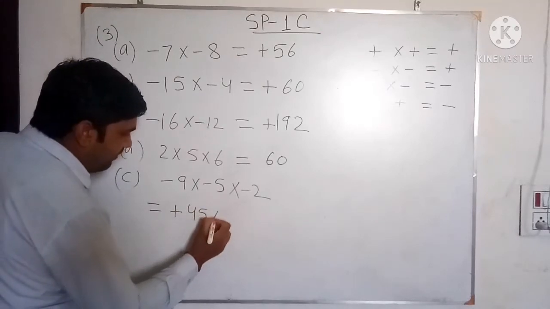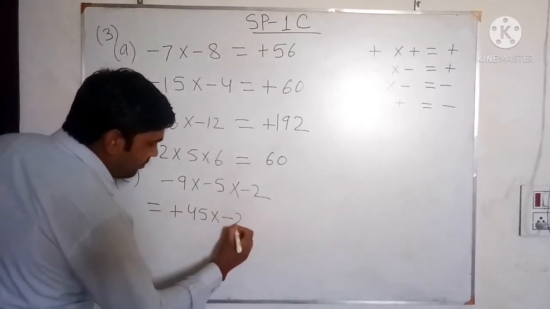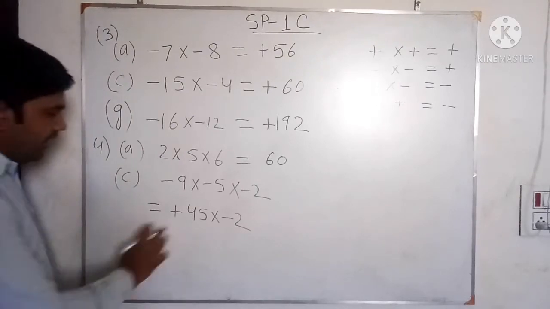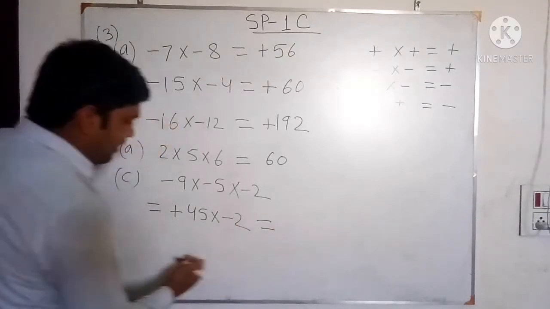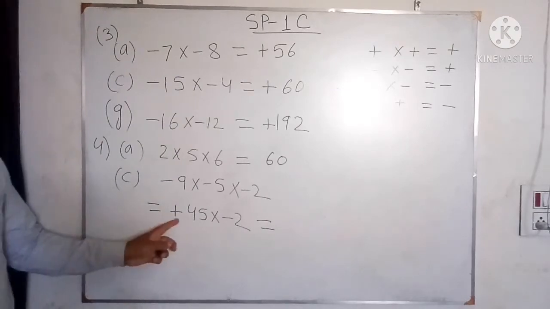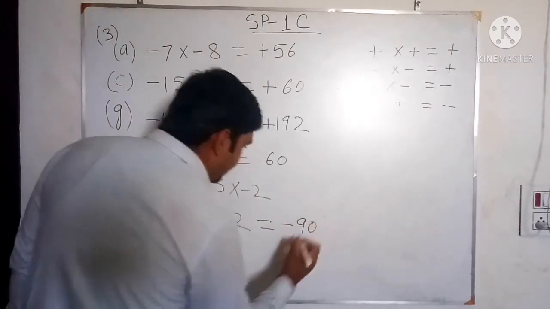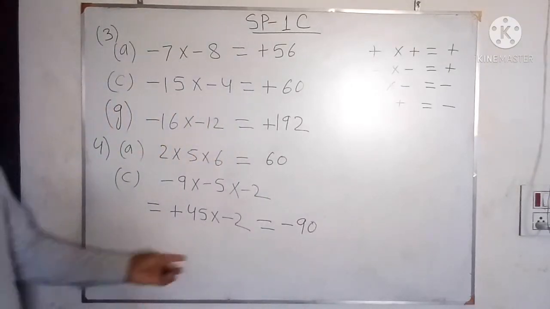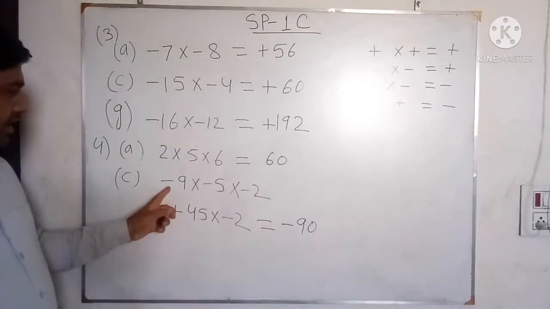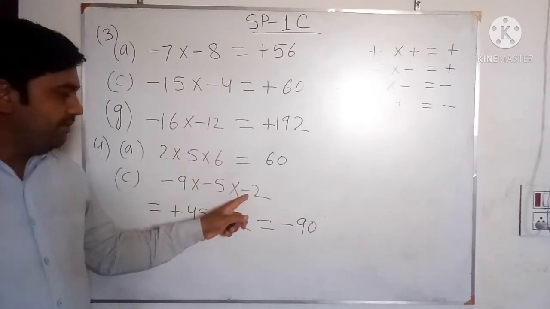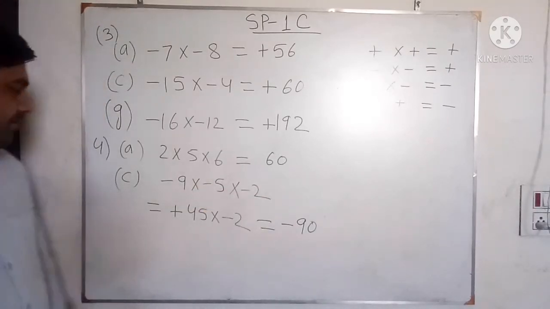So plus 45 multiply minus 2. Now again we multiply the sign of these two integers, plus minus minus, and 45 twos are 90. So the product we got here is minus 90. So this minus and minus will make plus. Now this plus and minus multiplied, the product will give a minus, negative.